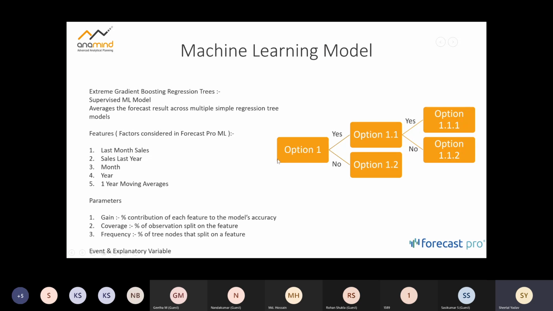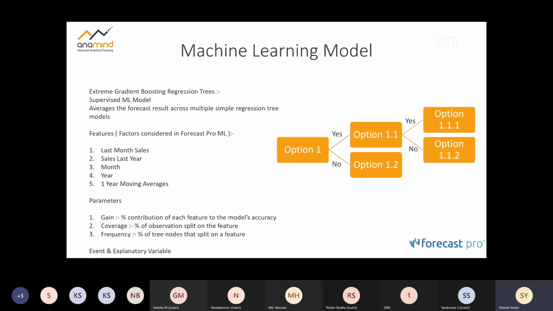So let me get into depth over here. So typically in machine learning models, there are unsupervised techniques and then there are supervised techniques. Unsupervised techniques are typically for image comparison and the like, but for demand planning, we use a supervised ML model. Now in supervised techniques, there are multiple factors that we can look into.